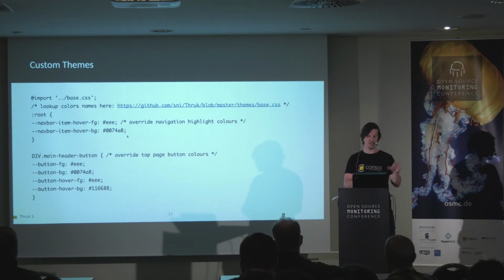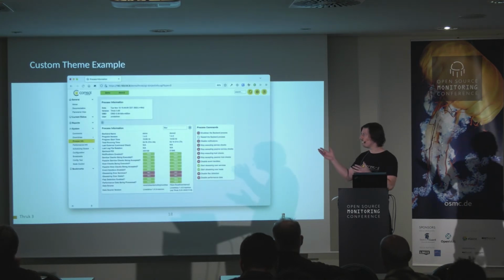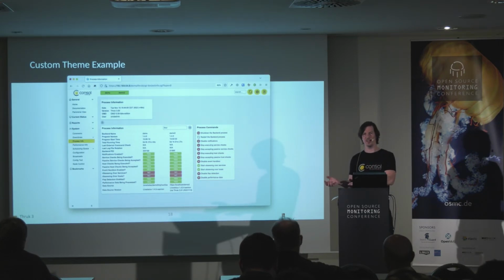So we just changed the navigation color and maybe the buttons on top, and as you can see here, it really just looks like the light theme. We just changed the logo and the highlighting color, and then most customers are happy already, because they don't want to do sophisticated stuff.